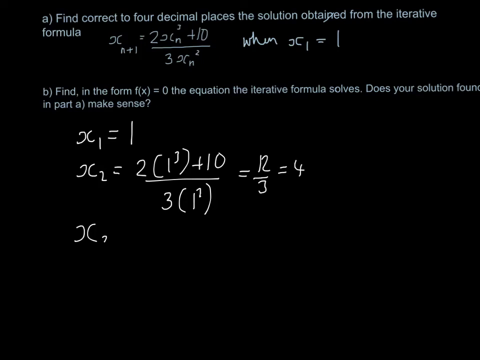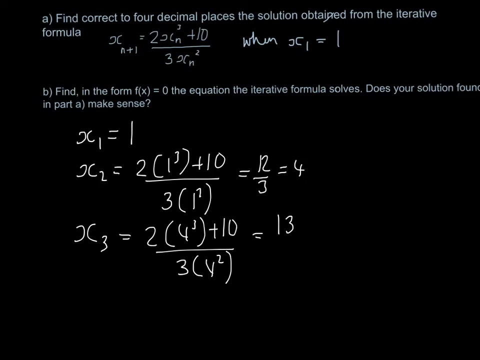I'm going to use that now to get x3. So we've got 2 lots of 4 cubed plus 10 over 3 lots of 4 squared. Okay, so that gives us 4 cubed is 64, 2 lots of it's 128, 138 over 3 lots of 16, 48, and that is 2.875.